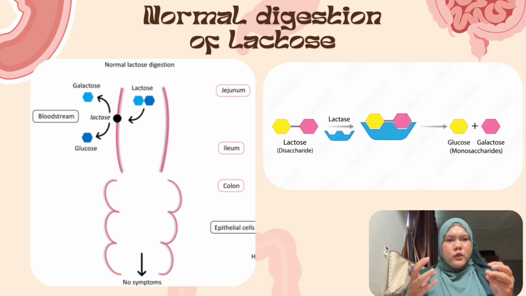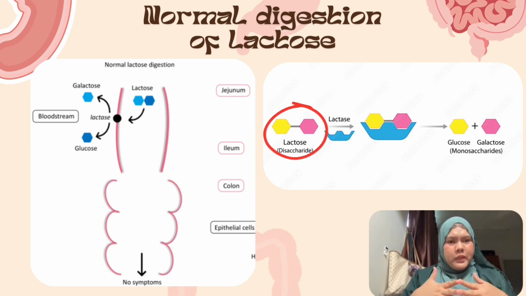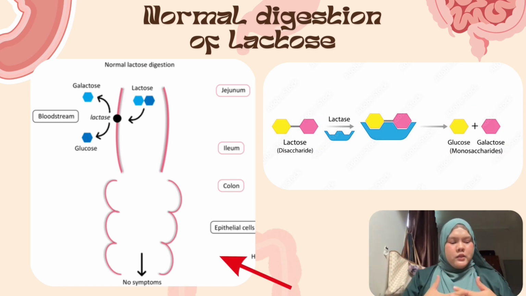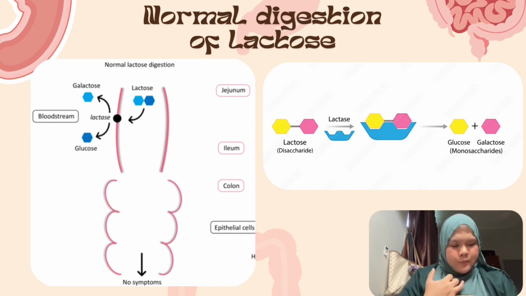Chemically, lactose is a disaccharide, which means it is made up of two smaller sugars, glucose and galactose. In a healthy digestive system, lactose is digested in the small intestine, especially in the jejunum and also the ileum.